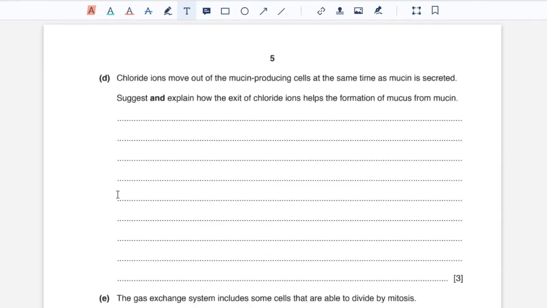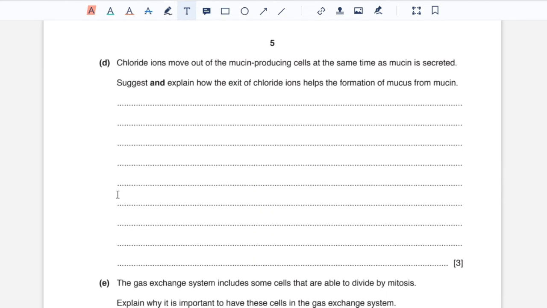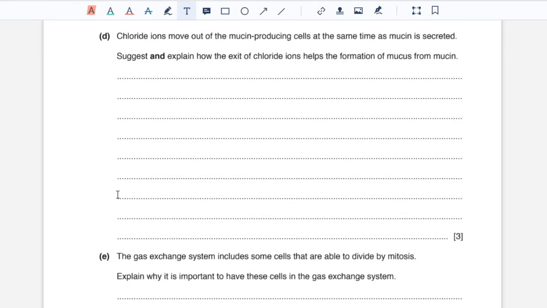D. Chloride ions move out of the mucin producing cells at the same time as mucin is secreted. Suggest and explain how the exit of chloride ions helps the formation of mucus from mucin. The production of mucus from mucin involves water movement into mucin to form mucus, and if the movement of chloride ions causes this movement of water, that means chloride ions somehow play a role in the movement of water by osmosis, which is caused by a water potential gradient.